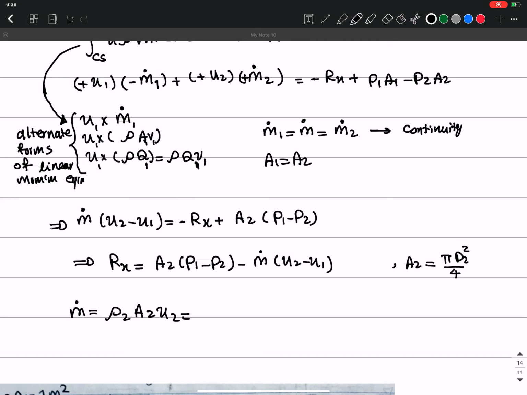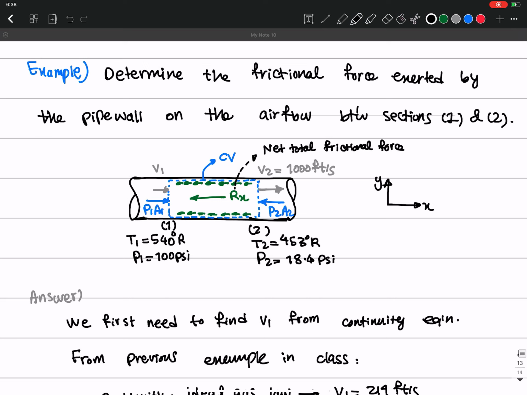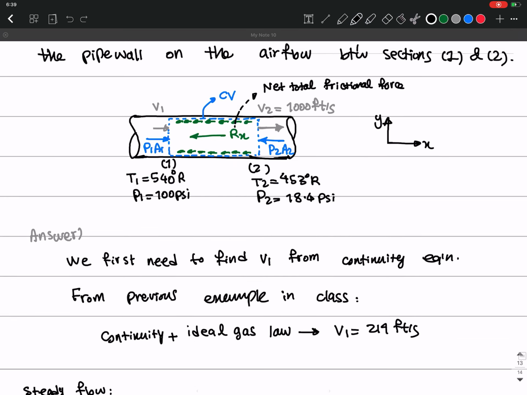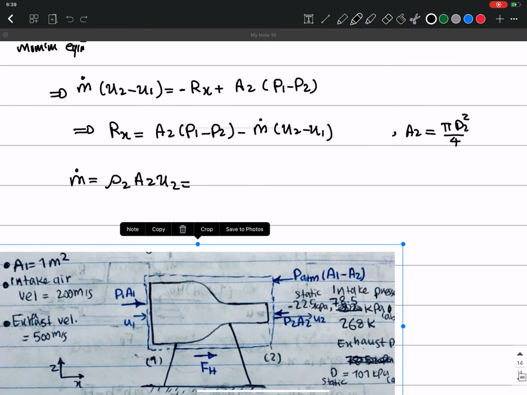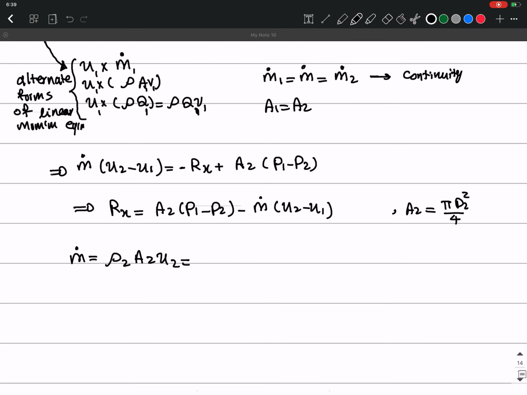But I don't know rho 2, right? Rho 2 is not given to me. But I have all these other things, so I can use the ideal gas law or equation of state. So rho 2 equals to P2 over R T2. This is the equation of state.